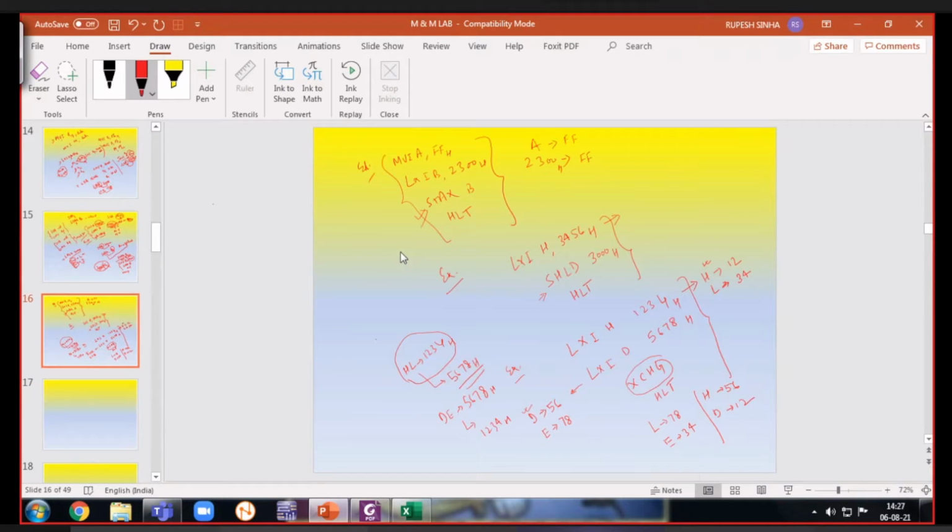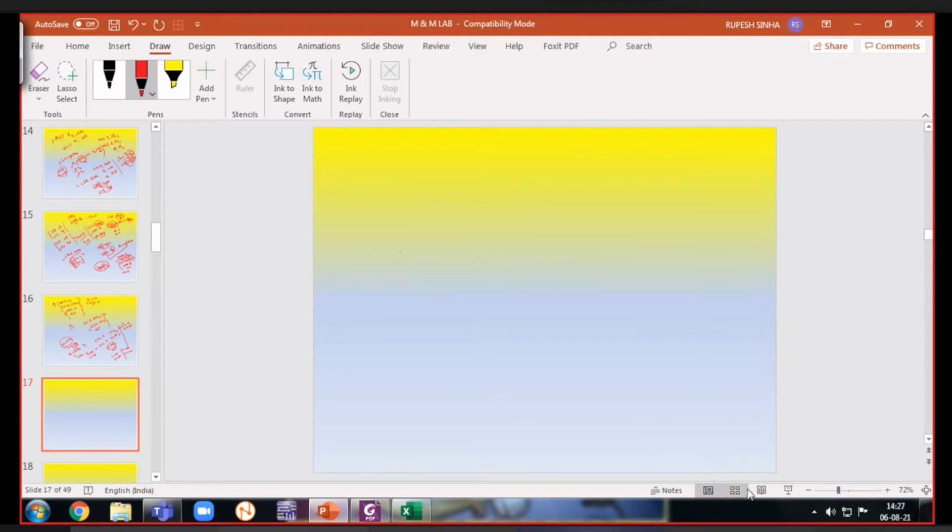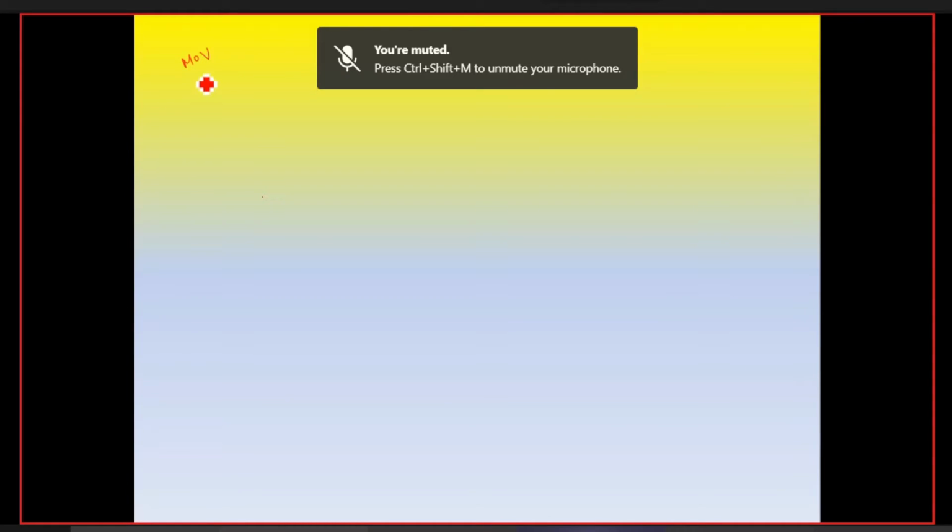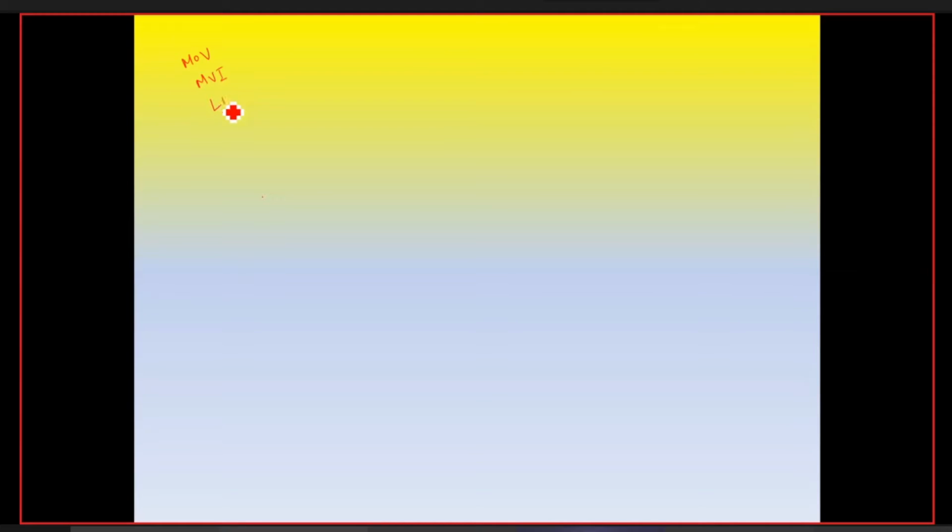In the data transfer instructions we have seen how many instructions, like move, MVI, then कोई मिस होगा तो बताना आप लोग, LDAX, then LHLD, STA, STAX, SHLD, then exchange. और कोई मिसिंग है?